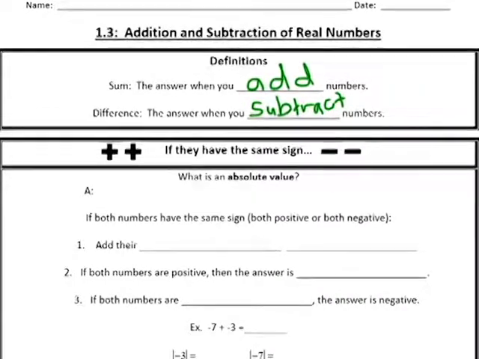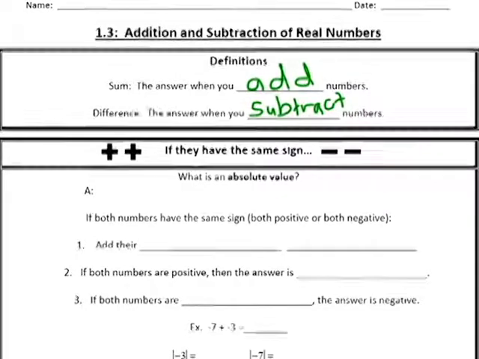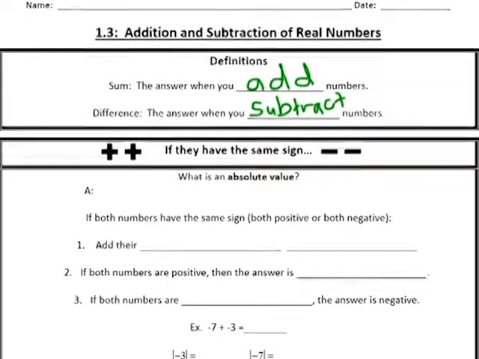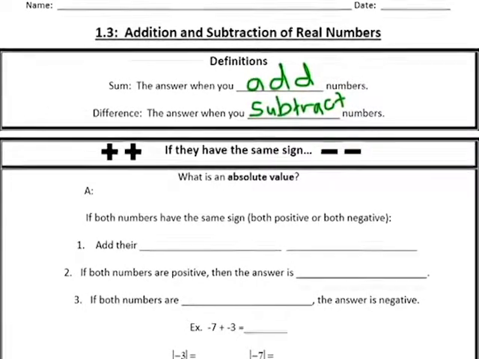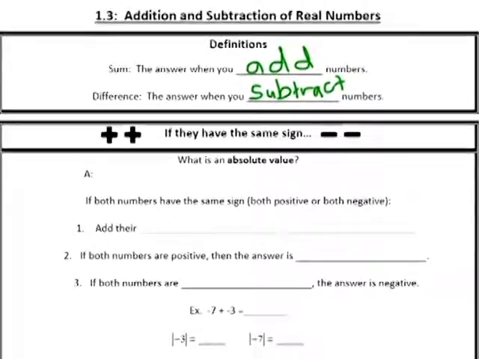Let's look at some rules for when you add and they are the same exact sign. What is the absolute value? Just a quick review. Absolute value is the distance a value is on the number line away from 0, otherwise known as the positive version of that value.